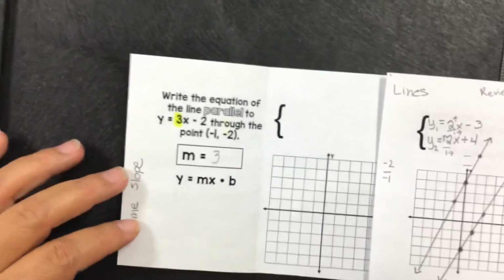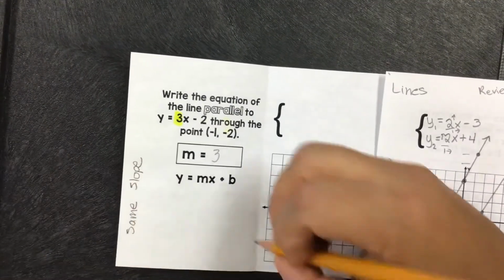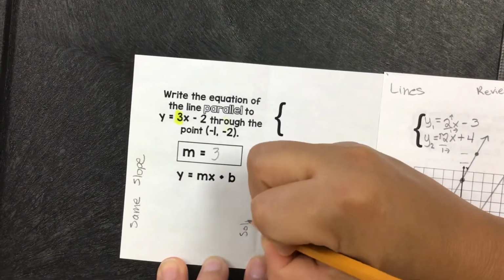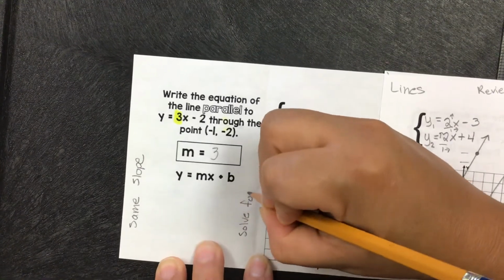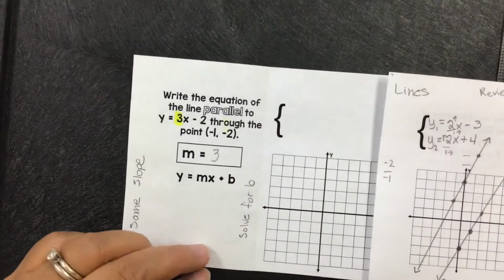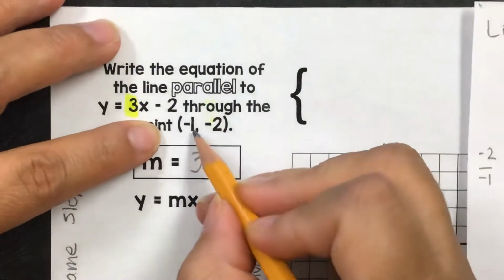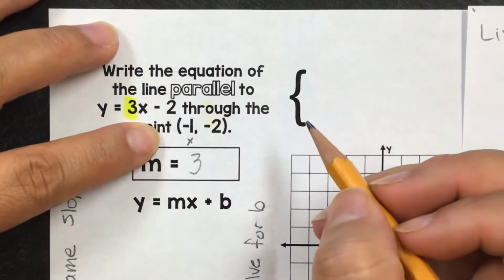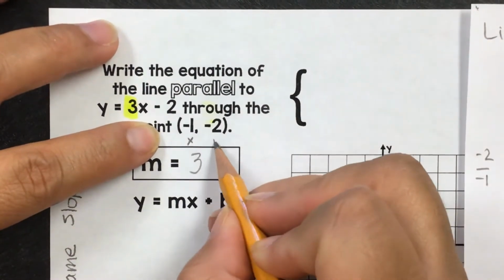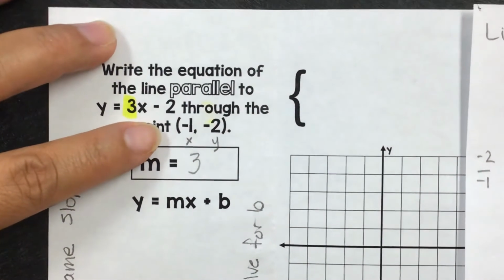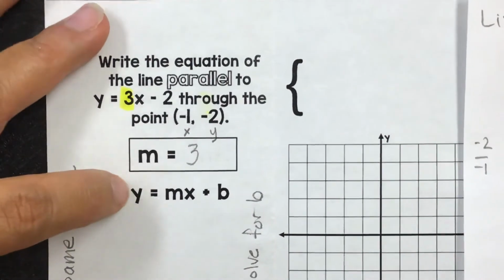Then the other thing that I asked for you to do is solve for b. The values that we need to use are the -1 is an x value, the -2 is a y value. And we substitute it in.